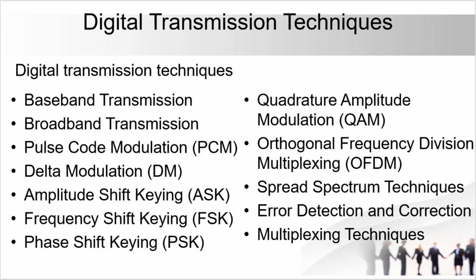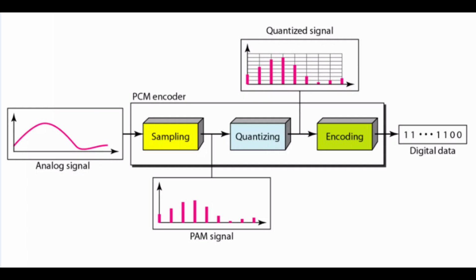And number three, we're talking about pulse code modulation, or we can call PCM. PCM is a method used to digitally represent analog signal. It involves sampling an analog signal, quantizing it, and then encoding it as a digital bit stream.